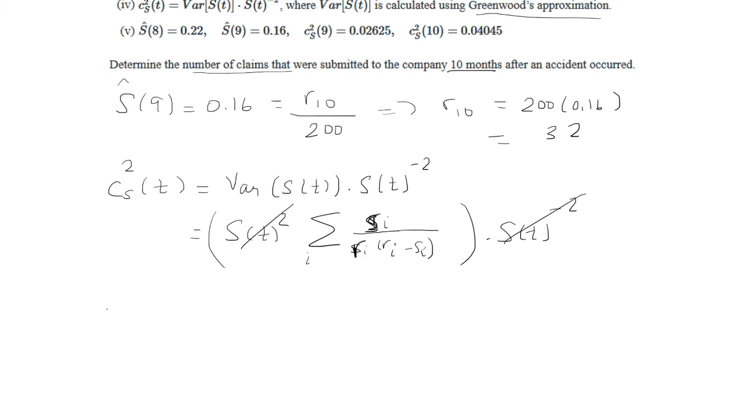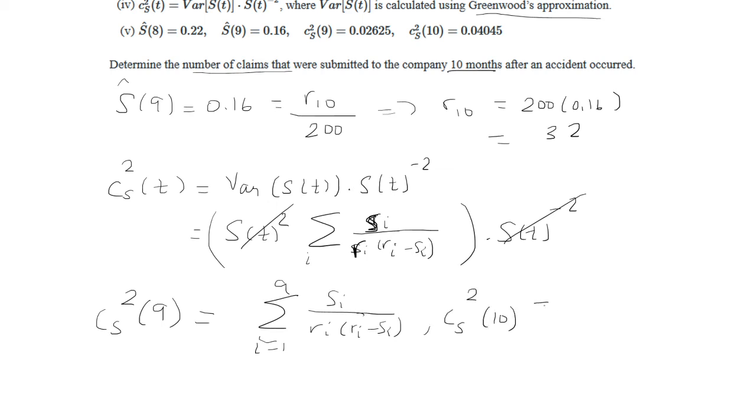So if I compare C sub S of 9 squared, that's going to end up being the sum from I equals 1 to 9 of S of I over R of I times R of I minus S of I. And if we're looking at C sub S of 10 squared, we would just extend it out to 10.